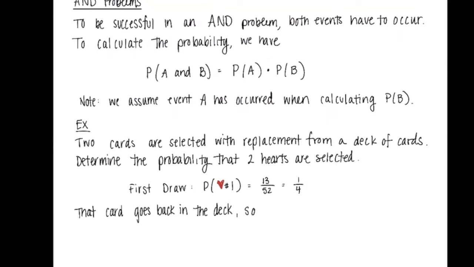So for our second draw, what's our probability of getting a second heart? 13 as well. You can select all 13 hearts again. So you still have a 1 in 4 chance on that second draw of getting another heart.